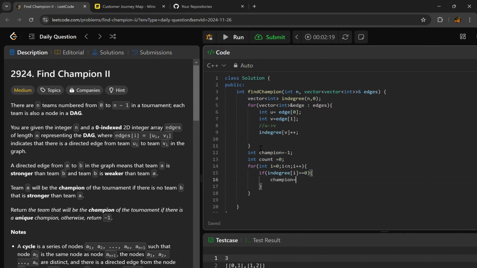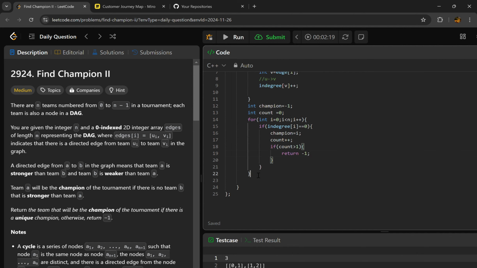So champion equals i, and we then do count plus plus. Also in this, if our count is greater than 1, in that case we have to return -1. And here also we have to return champion.